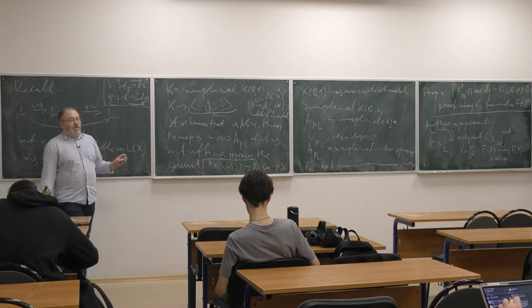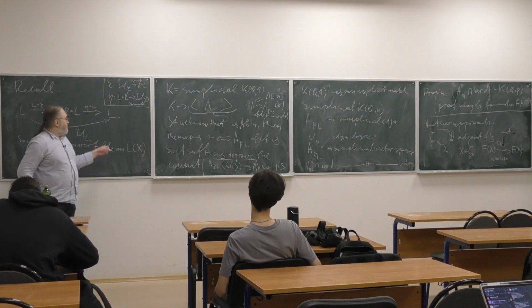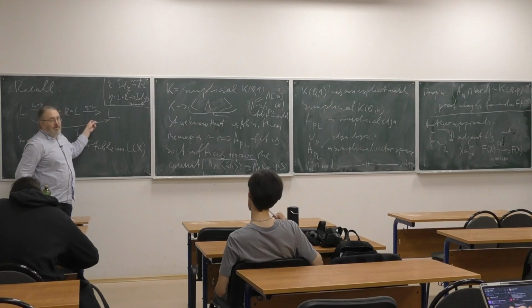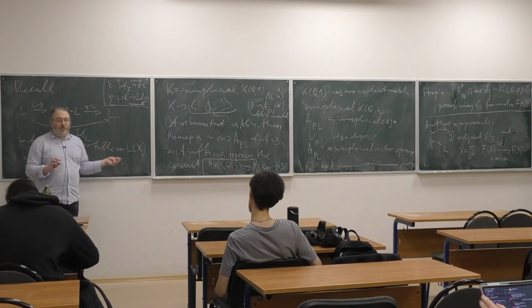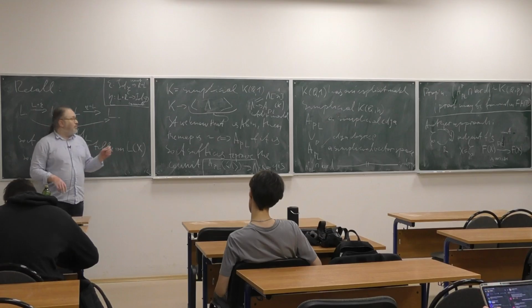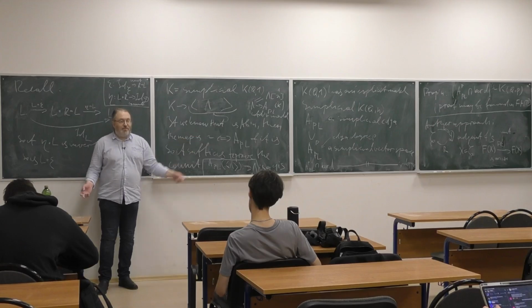Does any of it make any sense? So, in other words, this general nonsense allows one to replace calculating the unit, which is sort of complicated, with calculating the co-unit, which is easier.